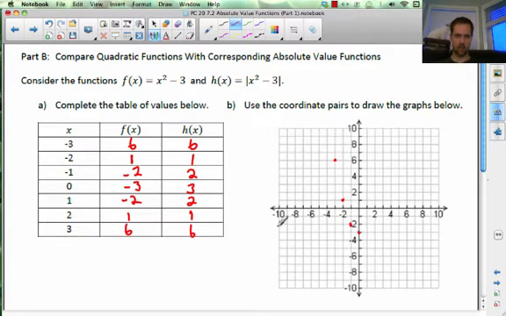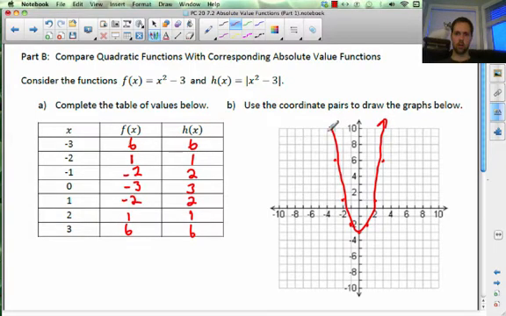That's your vertex. 1 and negative 2 is here. And of course there's going to be symmetry. So that one will be there. And then this one will be there. And here is your quadratic function.